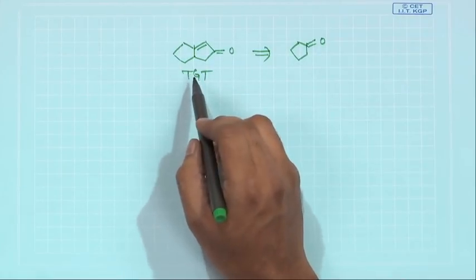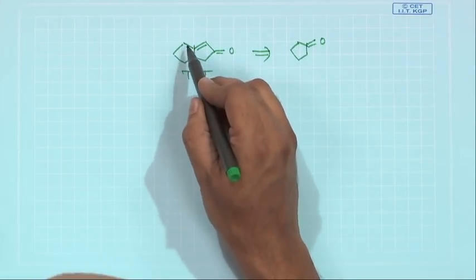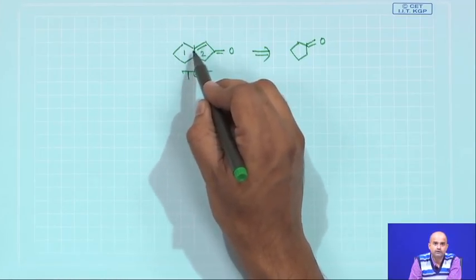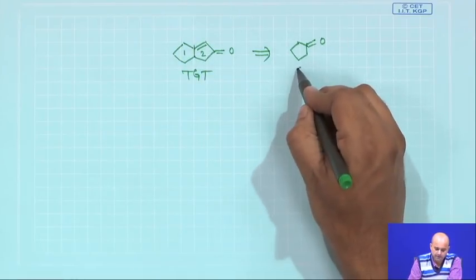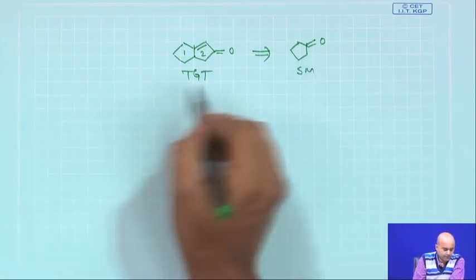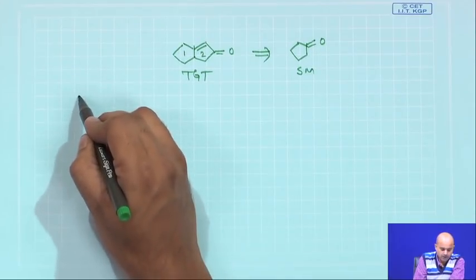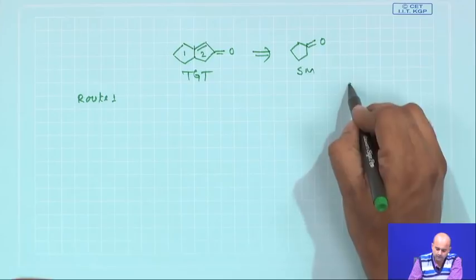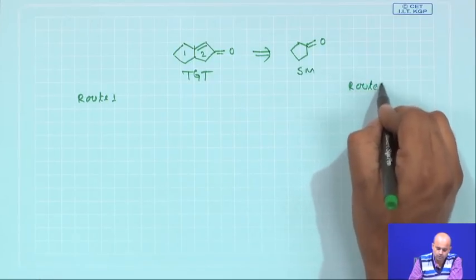Now, this compound is basically a bicyclic compound, ring 1, ring 2 and an alpha beta unsaturated connection here, a double bond here. The starting material was given to you. Now, for this molecule we will try to devise two pathways, route 1 and route 2.